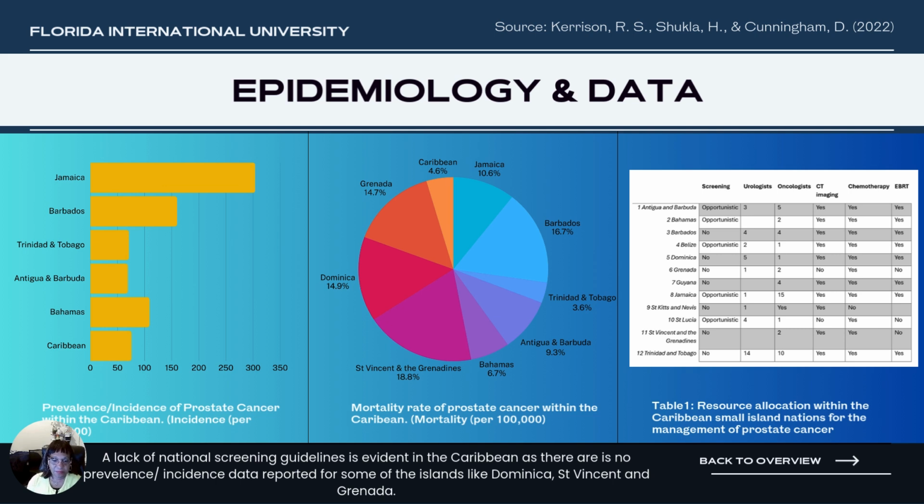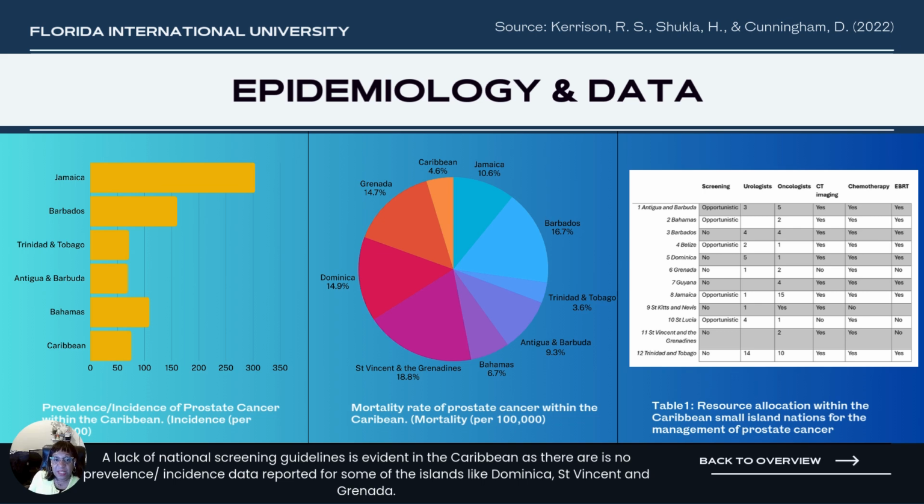Then in table 1, we see the resource allocation within the Caribbean small island nations for the management of prostate cancer. Here you can see there is a very low percentage of urologists and oncologists in the Caribbean. A lot of them have limited access to CT imaging and chemotherapy.